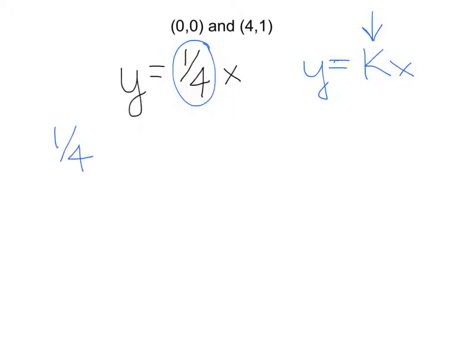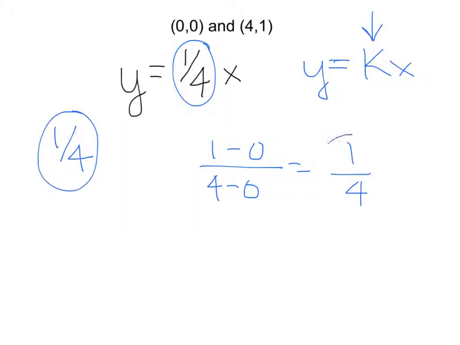We would also be able to find the slope in this because we could use y2 minus y1 over x2 minus x1, which would equal 1/4. So our slope and our constant variation are equal to each other.